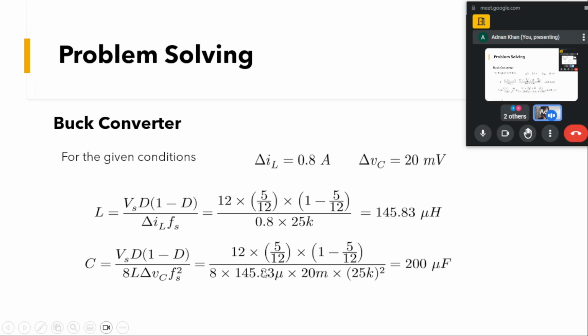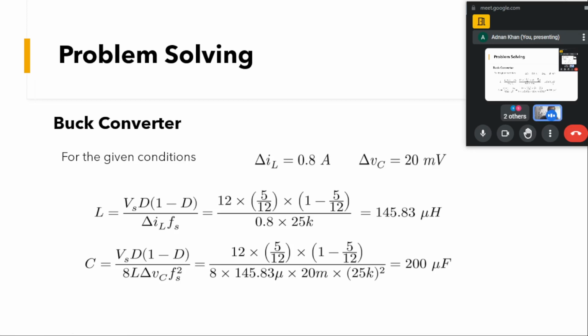And for C, to have this ripple of 20 millivolts in the voltage, if we put delta V and L into the above equation, we can calculate C, which comes out to be 200 microfarad. This is the CCM condition; these are not the critical conditions.